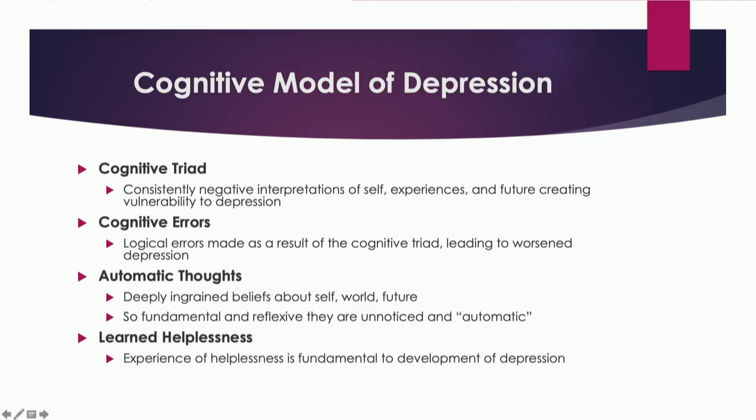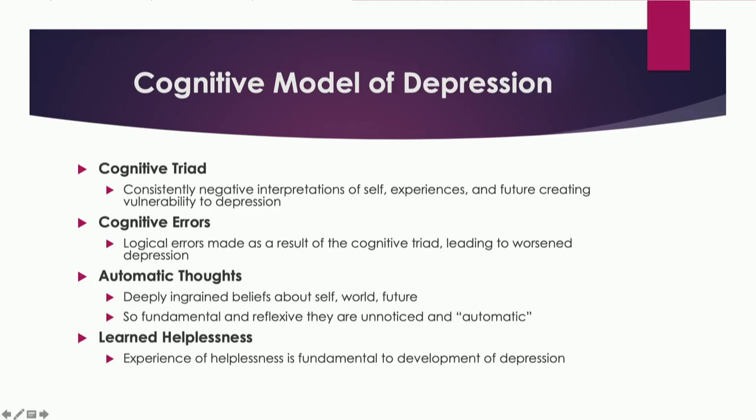Beck asserted the cognitive triad leads depressed people to make errors in thinking, which are logical errors that worsen their depression. For example, a depressed person with a negative view of their future may receive a poor grade on an exam and think, I'm not smart enough to pass this class. I'm going to be a failure forever. I may as well give up. In fact, it is not logical to assume future failure based upon one poor grade.